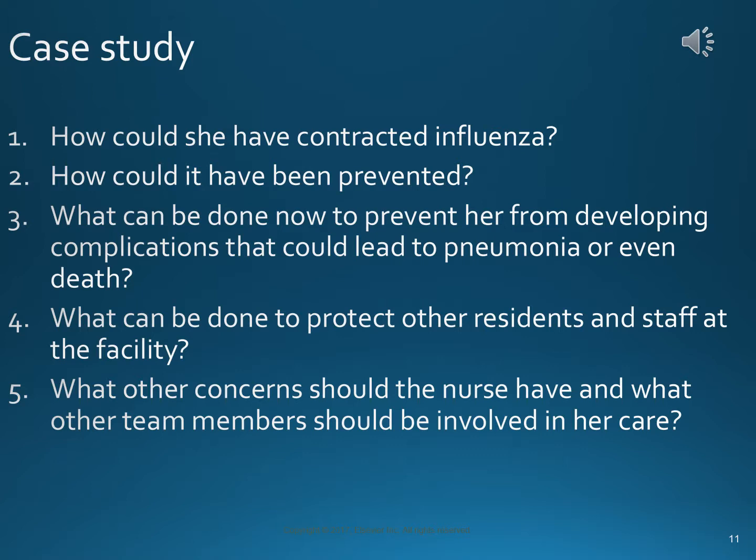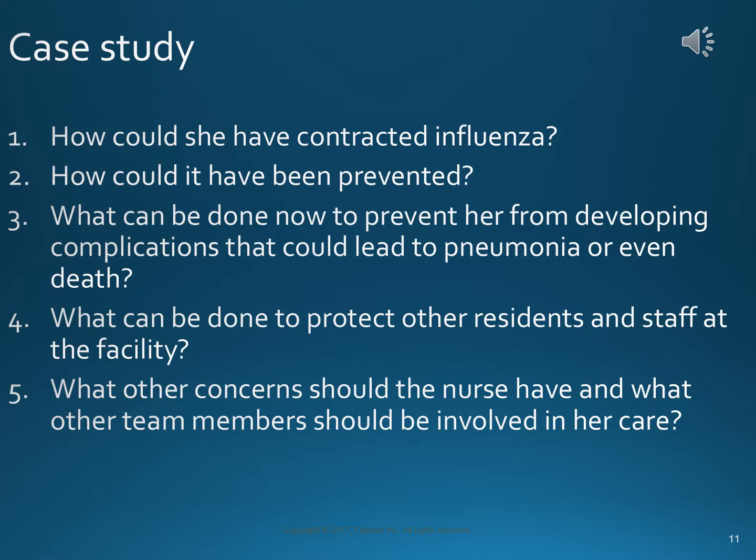What can be done to prevent her from developing complications that could lead to pneumonia or really even death in someone this old? If it is within 48 hours of symptom onset, she could get an antiviral agent, and that would reduce the symptoms and shorten the course of the virus.